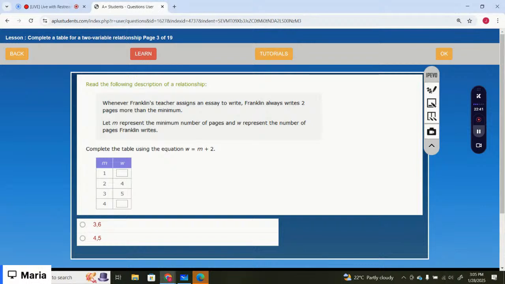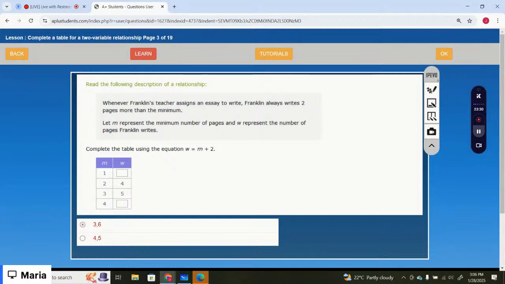Complete the table using the equation W equals M plus 2. That is M equals 1, so 1 plus 2 is 3.